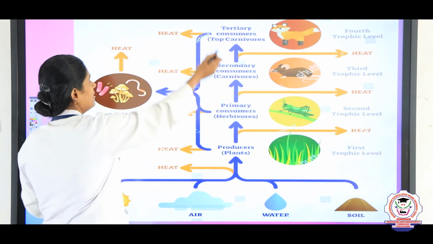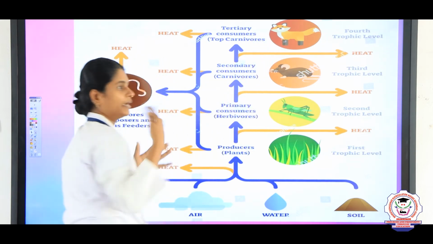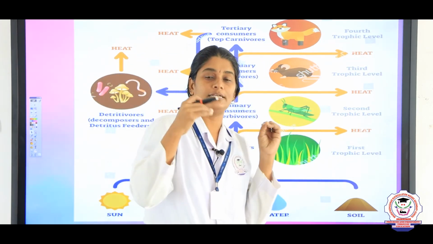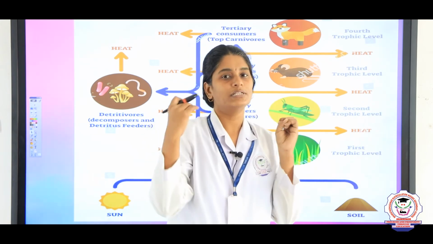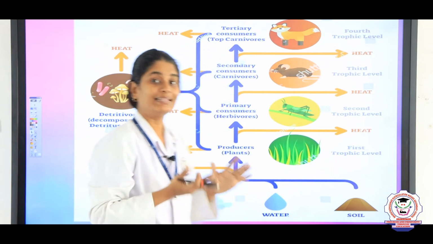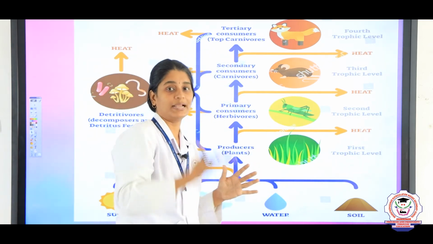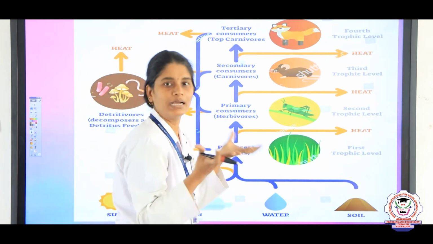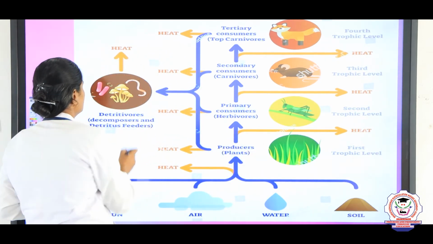Finally, once the top predator, or a carnivore, reaches its matured stage and dies, the animal falls onto the ground, and the microorganisms like bacteria and fungi decompose the animal.